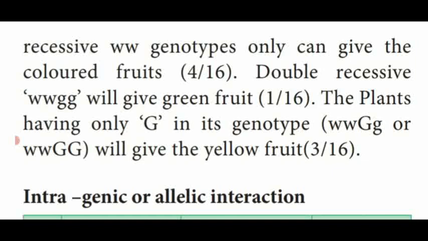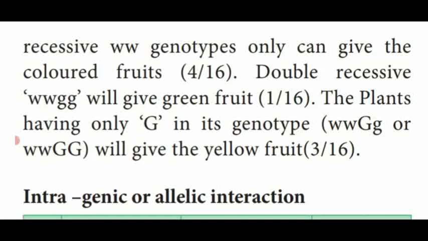Out of 16, we will get only 1. So the plant having only G in its genotype, small ww with G and small g, or small ww with capital GG, will give the yellow fruit. This is 3 out of 16.